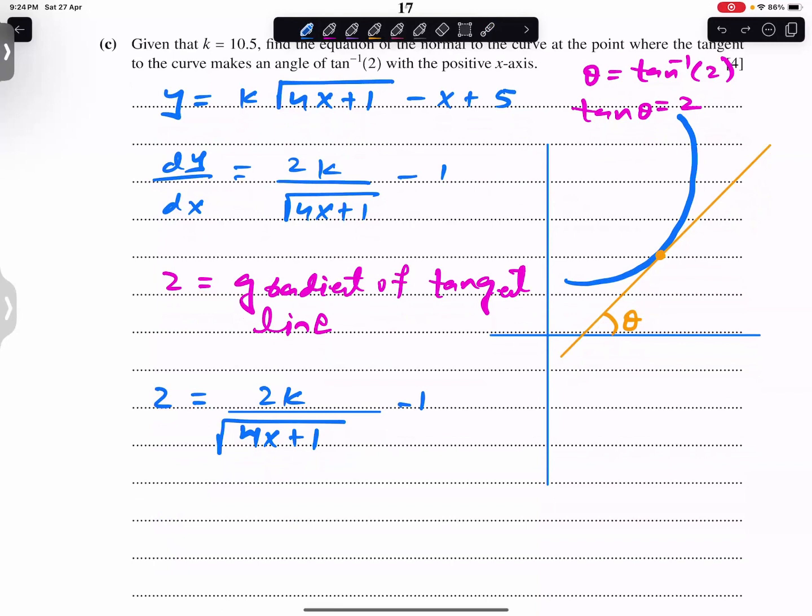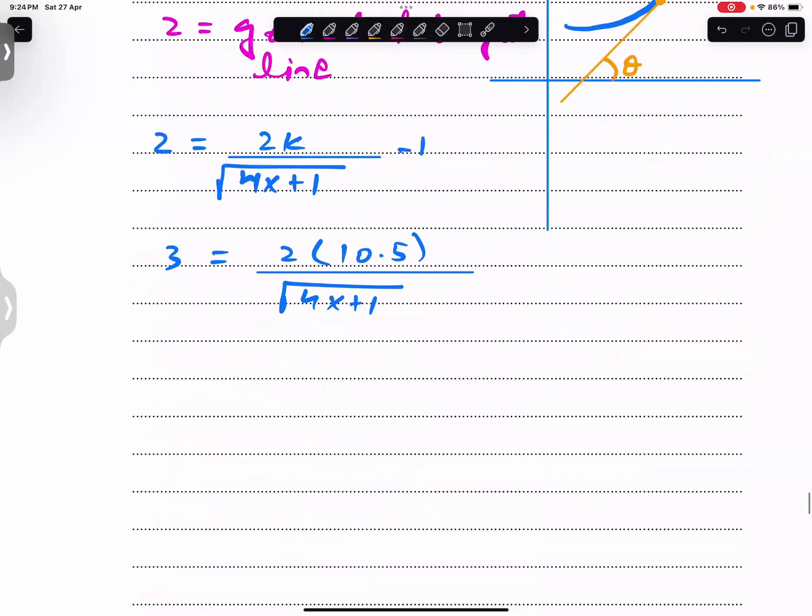So 2 plus 1 will be 3. 10.5 times 2 will be 21. So root of 4x plus 1 is equal to 21 over 3, which will be 7. So 4x plus 1 is equal to 49. So x will be 48 over 4, which is 12.